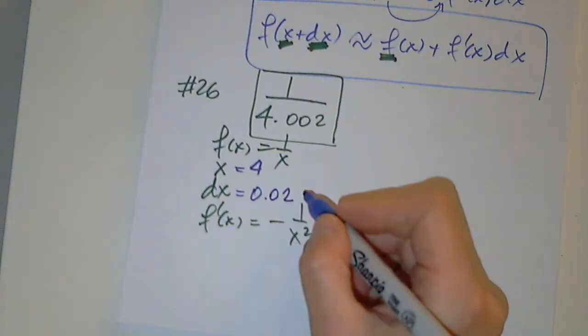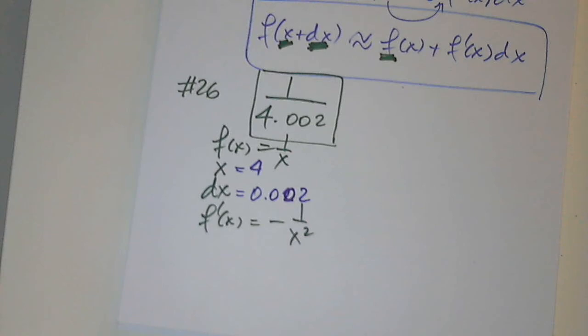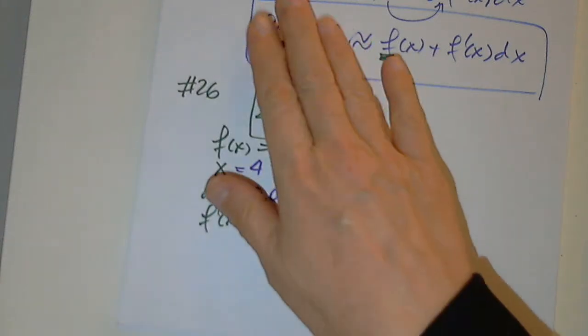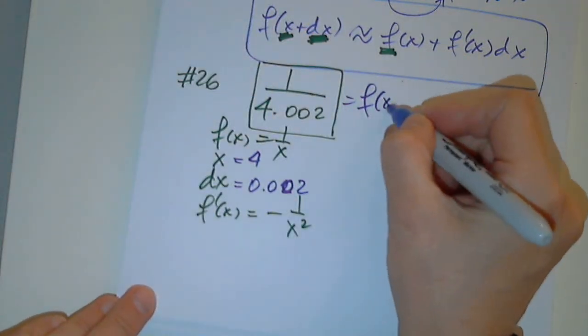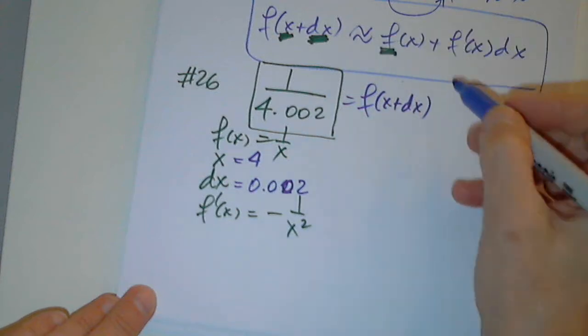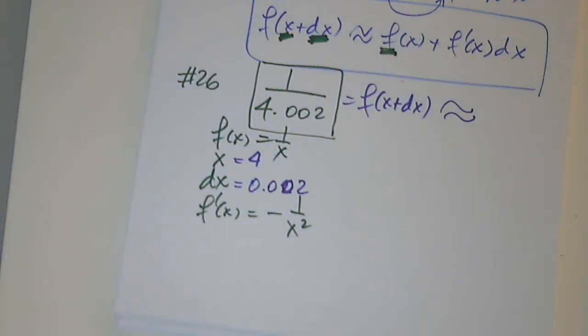Very good. Indeed. So I identified everything. This is this. This is the same thing with f of x plus dx. And now we are going to approximate it. Please dictate, and I will write it.